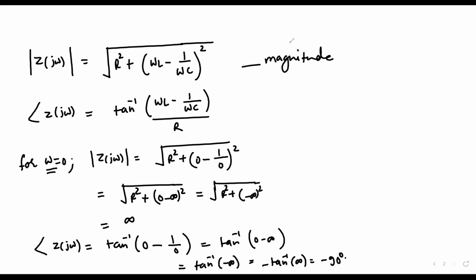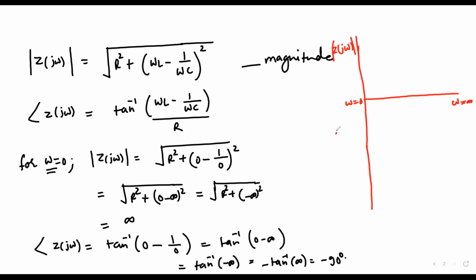Fine. So if we want to plot this right here, let's say this is our magnitude of Z of j omega, this is how the magnitude looks. And here we have the omega axis, where omega tends to infinity, and omega is equal to 0 right here.